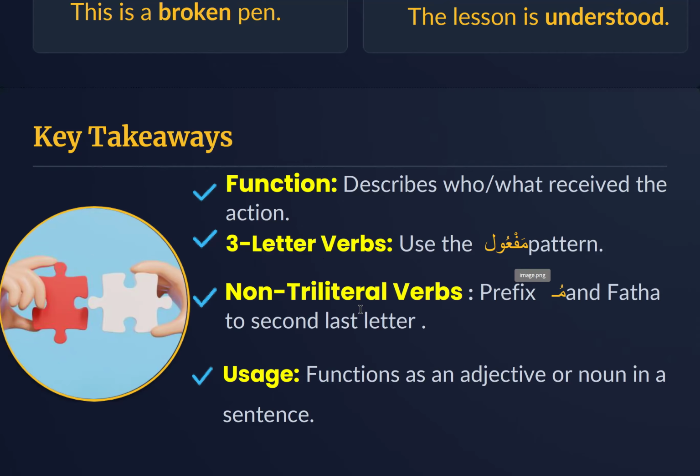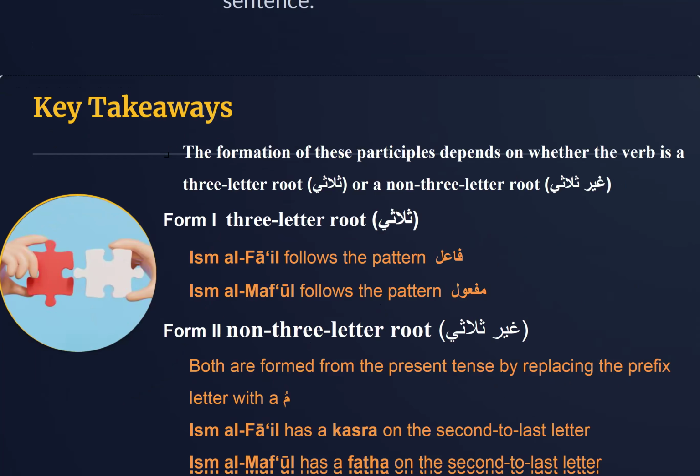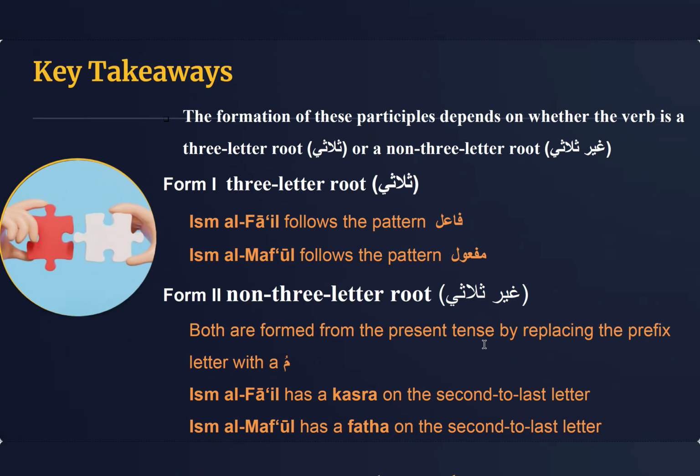When it comes to non-trilateral verbs, we add a mu at the beginning and a fatha to the second last letter, and it's used as an adjective or a noun in a sentence. Then the formation of these participles depends on whether the verb is a three-letter verb, thulathi, or ghayr thulathi, non-three-letter verb.